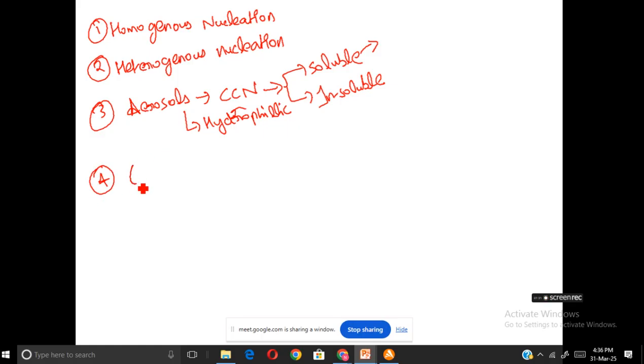And we learned about the curvature effect. Higher the curvature of the droplet, the higher the saturation vapor pressure to maintain equilibrium. And we learned Raoult's law.